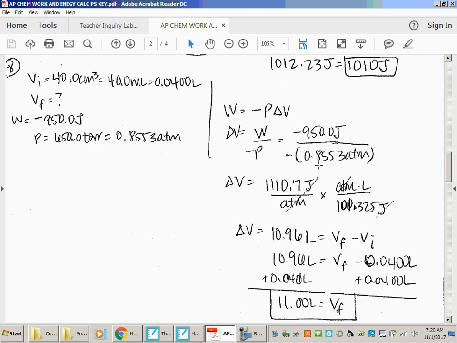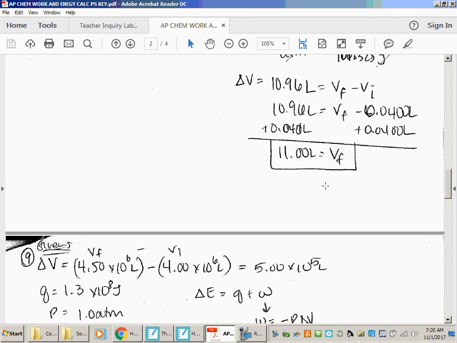As we convert using our atmosphere liter equivalent to 101.3 joules, we can cancel joules, cancel atmospheres, and we should get to liters. So the total volume change is about 11, 10.96 liters. Then taking the initial volume they gave you at 0.04 liters, that's how I got an overall volume change of 11.